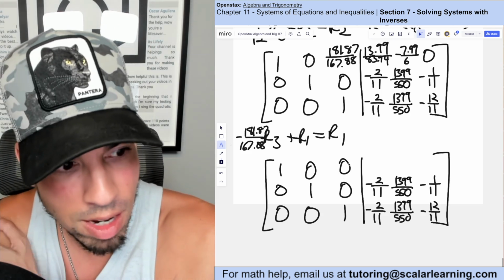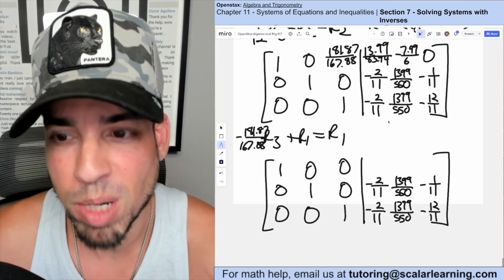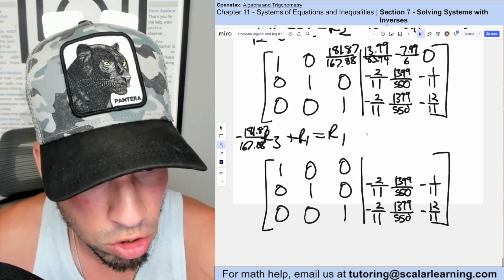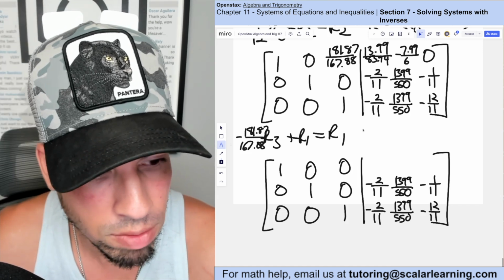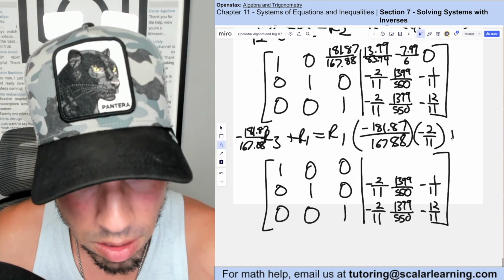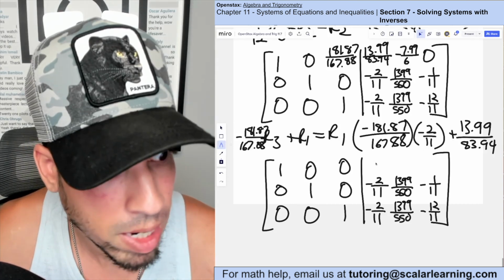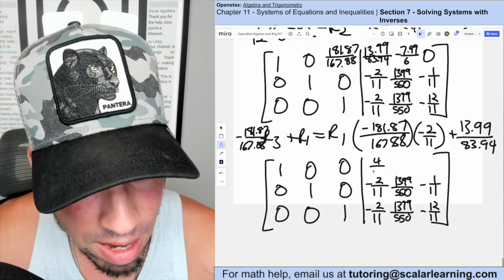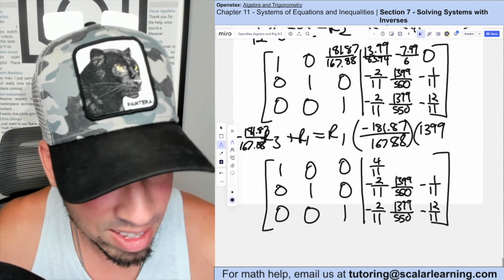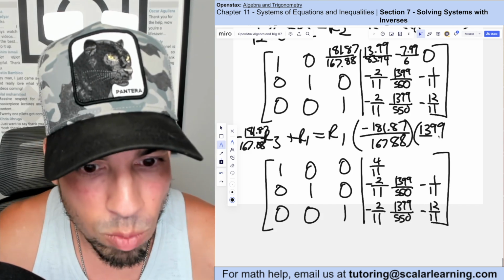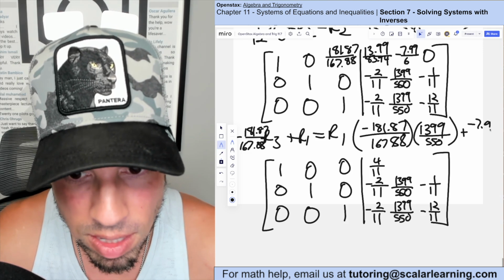Okay. All right, now the crazy part, right? We got to do all these crazy fractions. So I'm going to write them out, but if you can do them in a calculator, it's much easier. So we got this thing times negative 2/11 plus this thing, and you get 0.3636 repeating, which is the same as 4/11. Next, we got this thing multiplied against this thing, which is that over 550, and then we're adding it to negative 799 over 6.